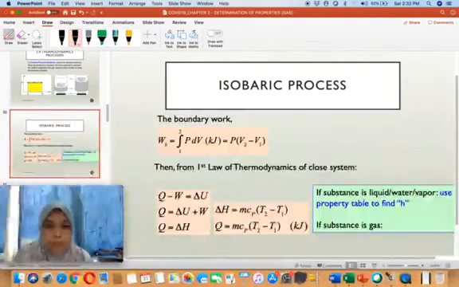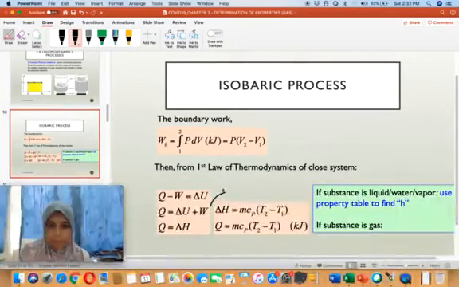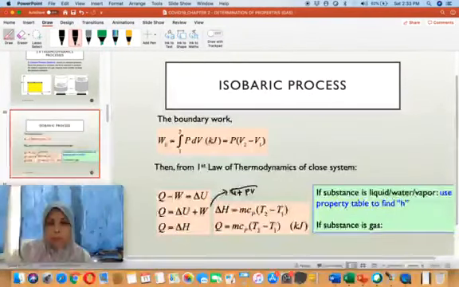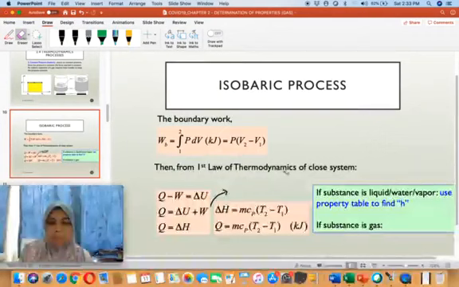Alright, Q is equal to delta U plus W. If you still remember this equation, U plus W is also equal to PV, right? Let me start again.